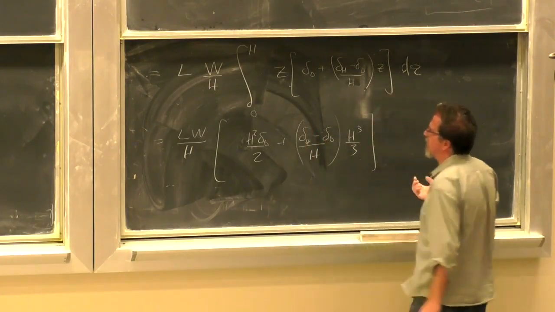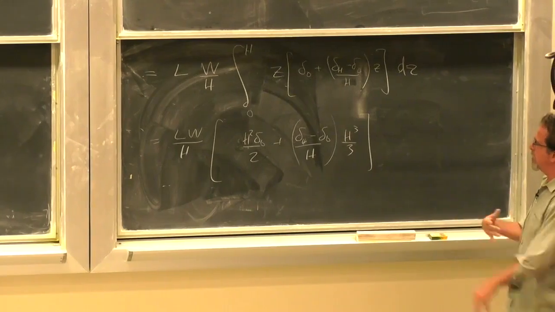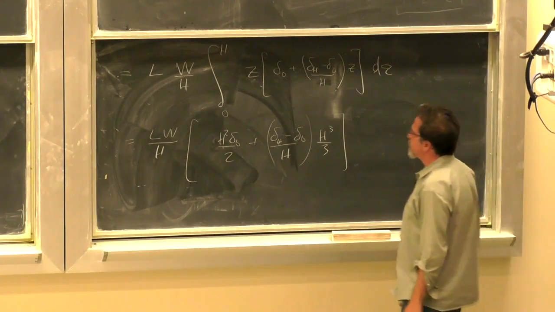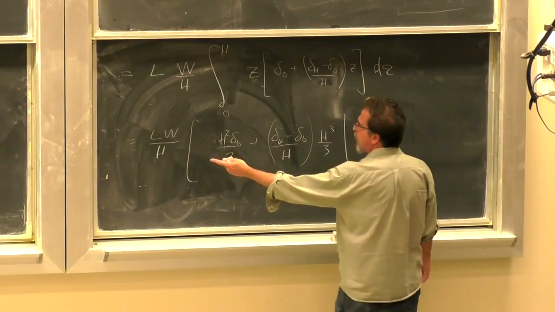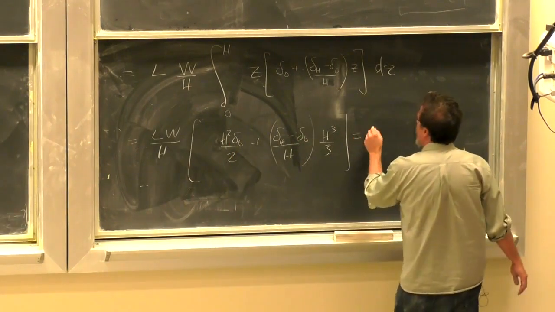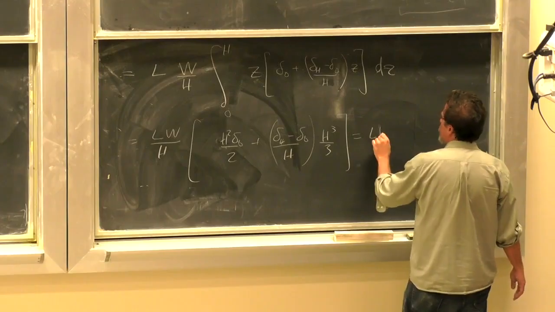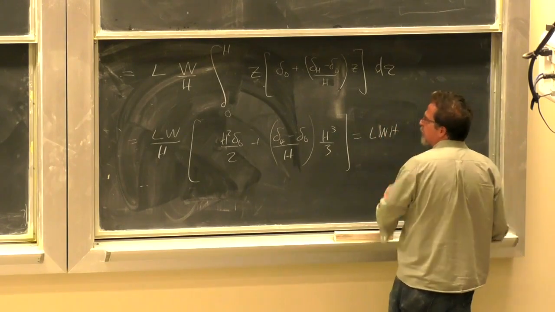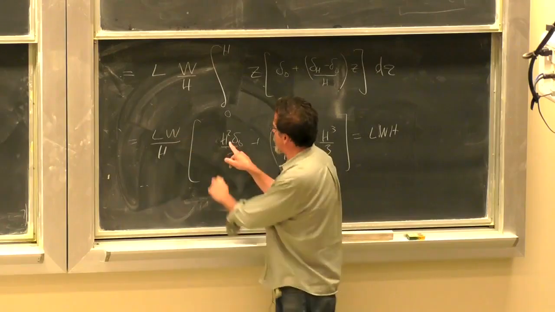And you've seen things like this before. Let's watch how all the units work themselves out. I'm going to factor out an h squared out front, and an h squared will cancel an h. So this will be L times W times h, length times width, and then I factor the h squared.